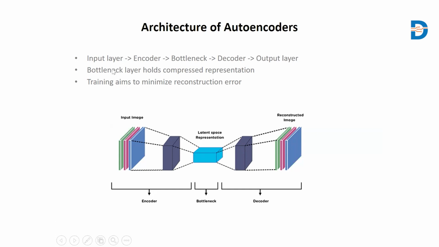So this is the process for autoencoders. The bottleneck layer holds compressed representations, and training aims to minimize the reconstruction error. So whatever errors we have in our images, or whatever complex patterns we are trying to find in the data, with the help of this process we can find them.